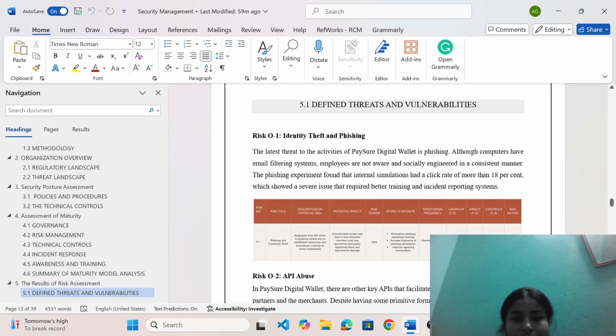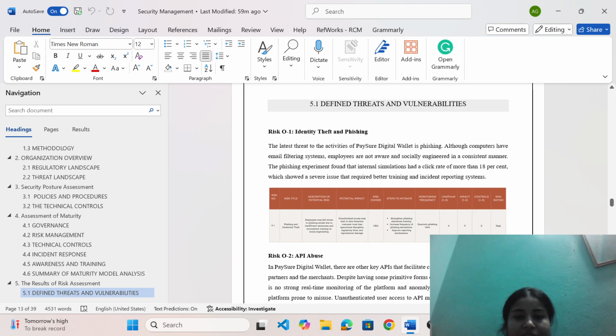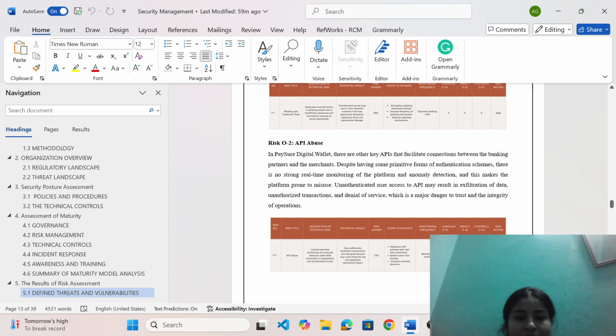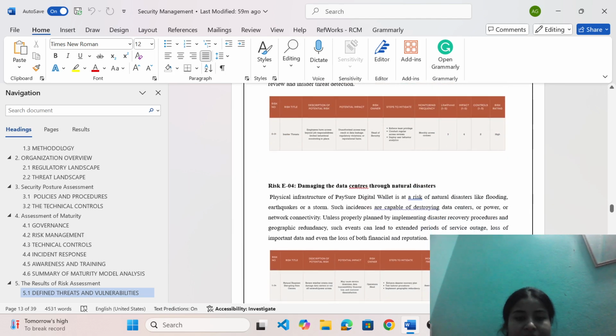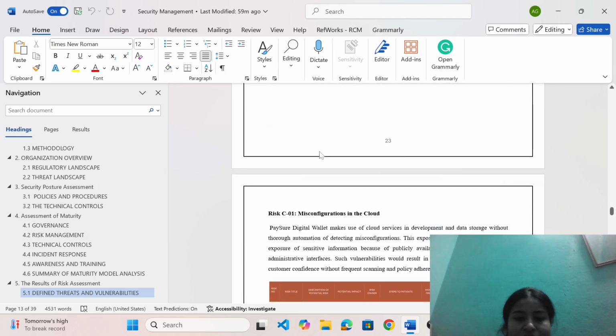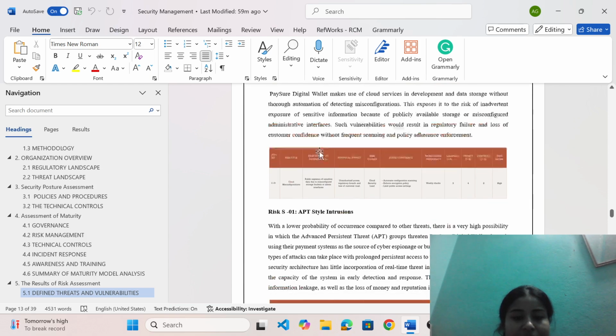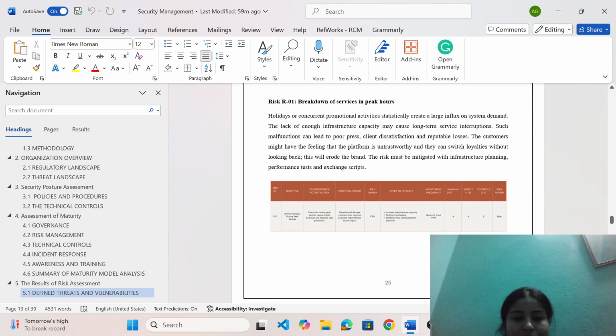I identified different threats and vulnerabilities, like identity theft and phishing, API abuse, insider threats, and damage to the data center through misconfiguration in the cloud.